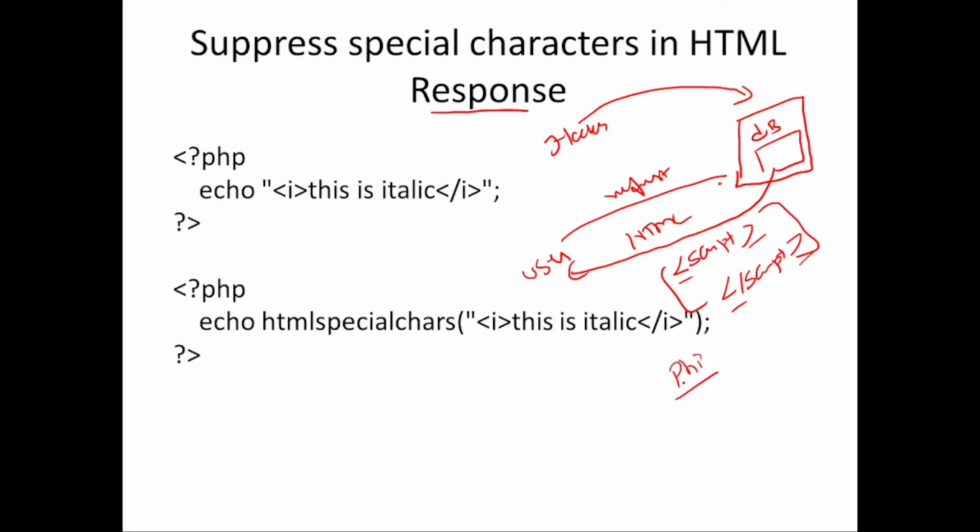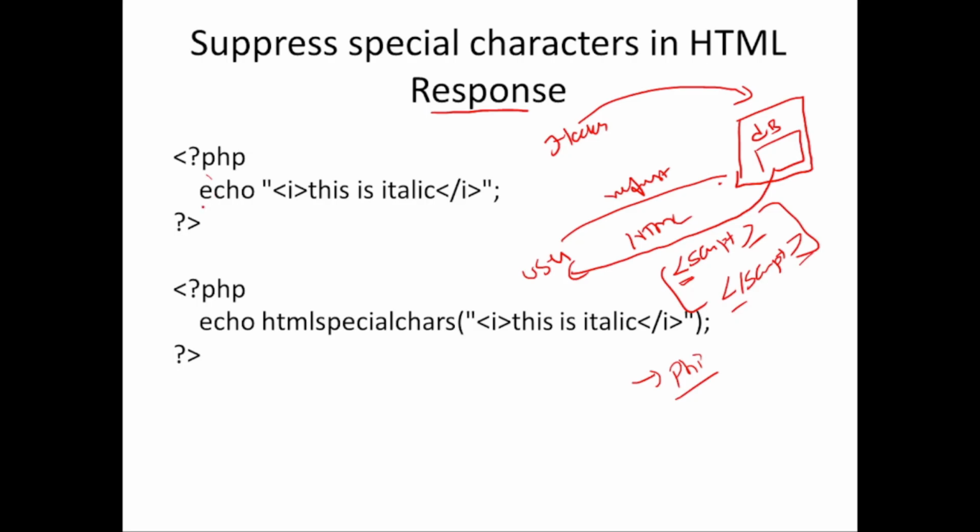Every language will have its own similar functions, which you can use when you're working in that specific language. Now I'll explain the use of one specific function called htmlspecialchars, which will help us in sanitizing these special characters while we are sending an HTML response back to the client. So this is the example.